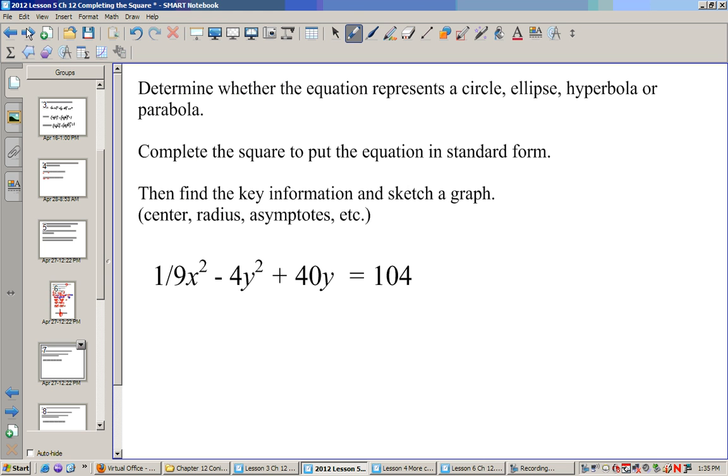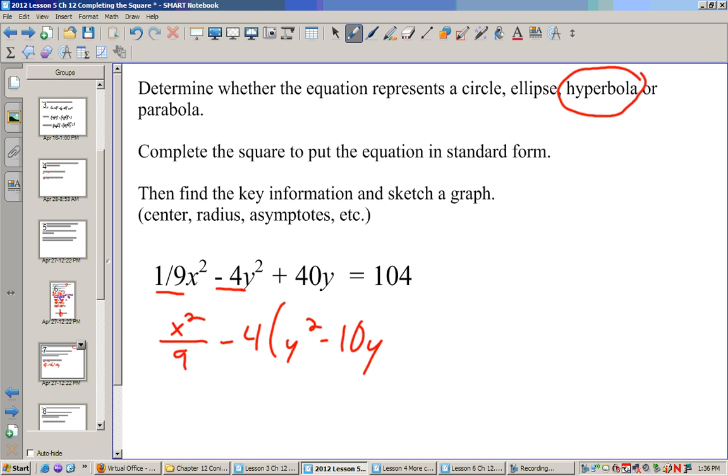Alright, let's try this one. Now first off, this is positive and this is negative, so we know that this is a hyperbola. So we put our x's and y's together, and luckily they are together here. So I have 1/9 x squared, which is like x squared over 9. Here I can take out a negative 4, leaving y squared minus 10y.